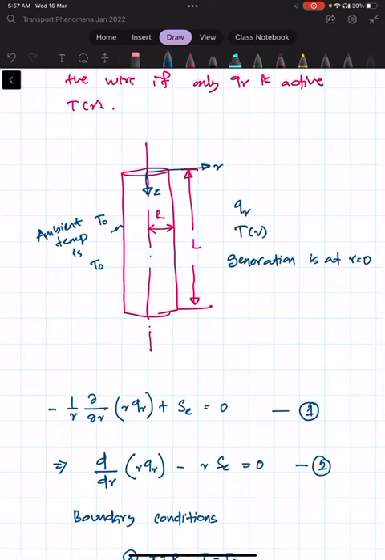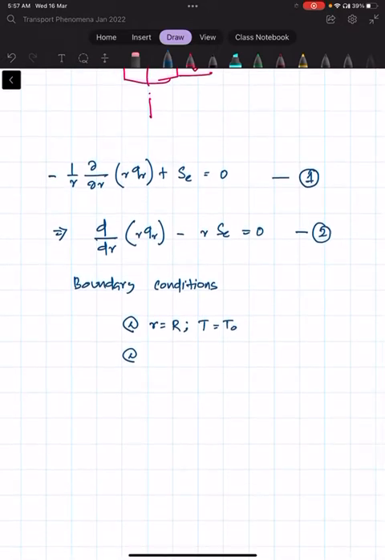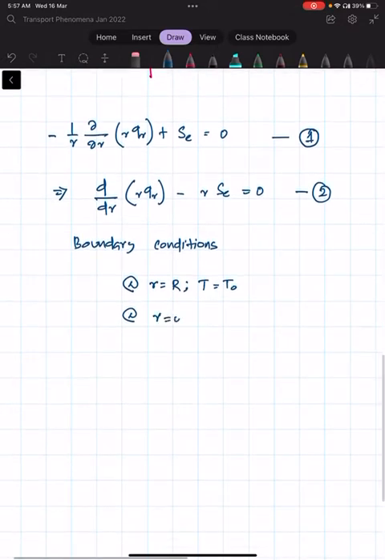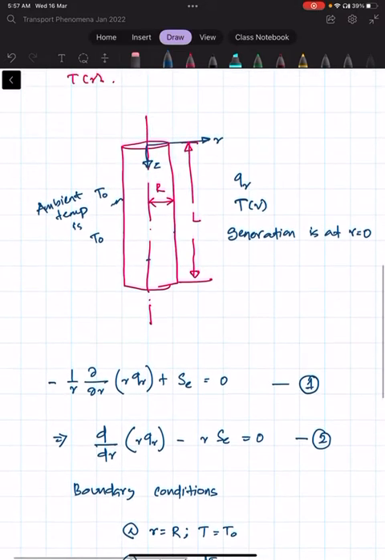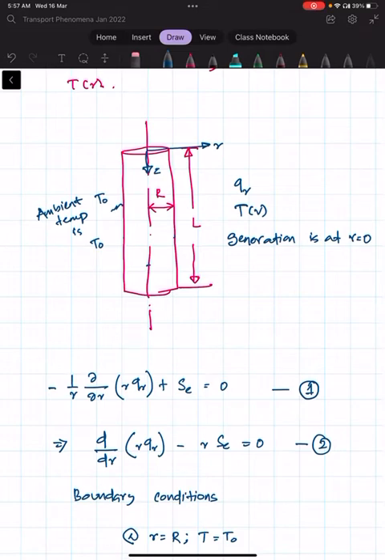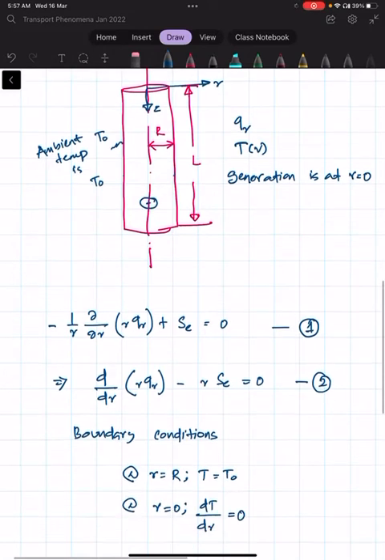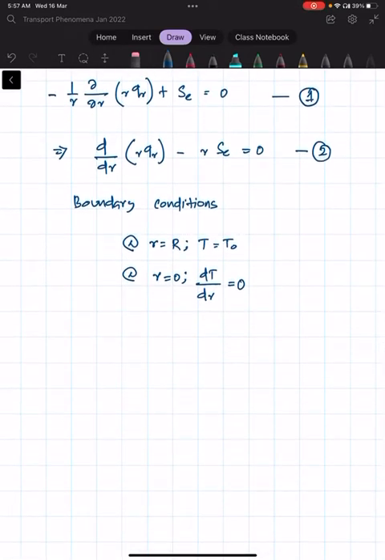Another condition is that heat generation is maximum at the center and minimum at the surfaces. Exactly the same way as before, at R equals 0 the temperature gradient is 0, because heat generation is maximum at this middle point.